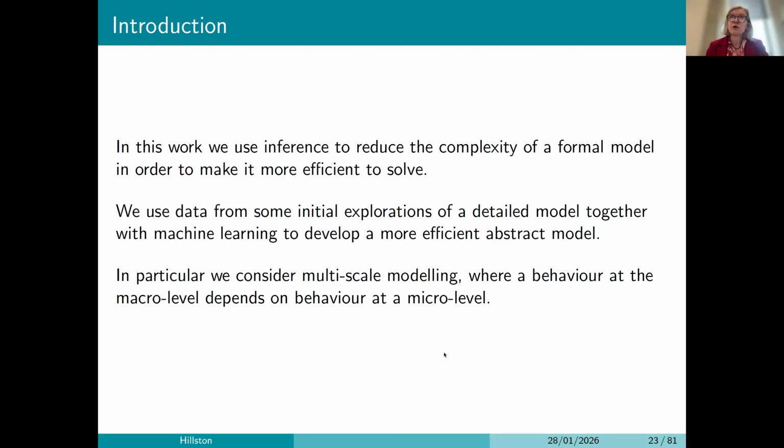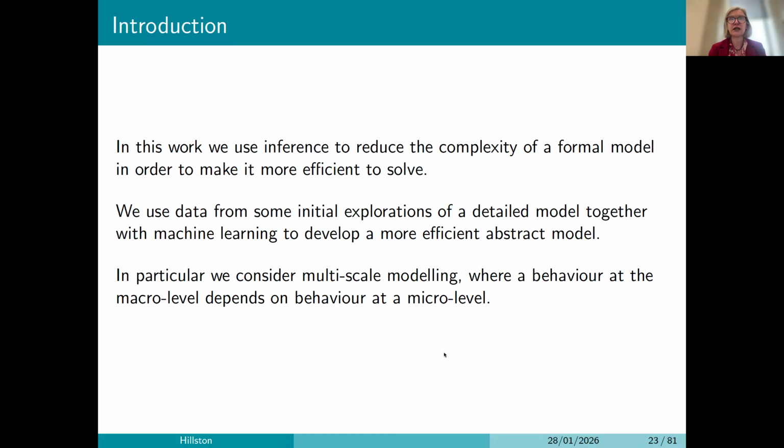So, as I say, here what we're trying to do is actually look at inference to reduce the complexity of a formal model that we've built in order to make it more efficient to solve. So instead of collecting data perhaps from a real system, what we do is we do some initial explorations of the model, very short runs, and then use that to abstract and make our model simpler.